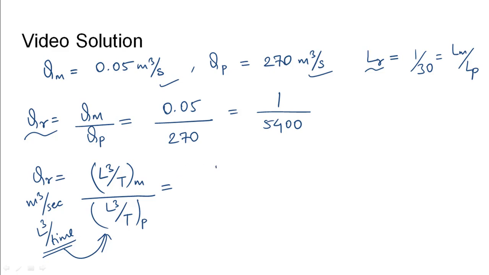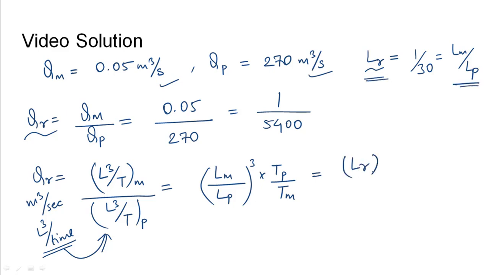This can be further written as the length of the model by the length of the prototype, cubed, into the time of the prototype by the time of the model. We saw here that Qm by Qp is given as Qr. Similarly, the length of the model by the length of the prototype is the length ratio. So this can be written as Lr cube into Tp by Tm, which is 1 over the time ratio, where Tr is Tm by Tp.